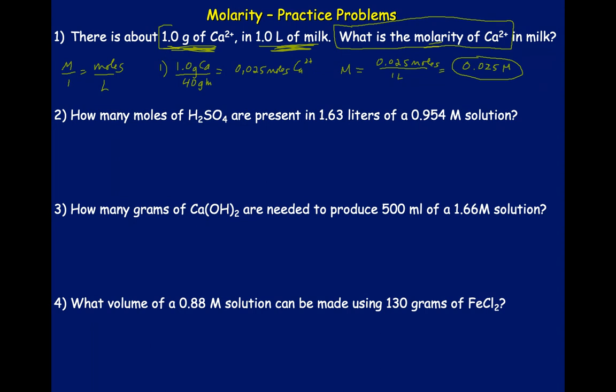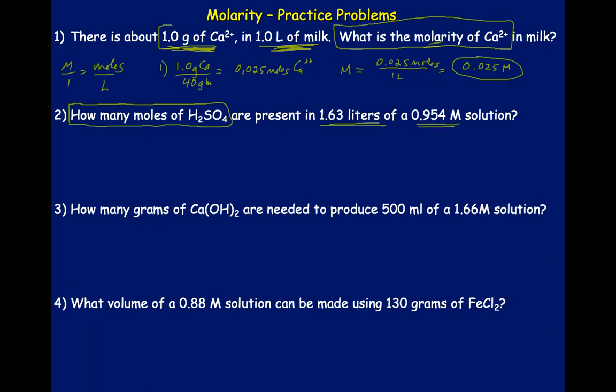All right, so we can work backwards a little bit in number 2, and I'll just show you this, and I'll let you do 3 and 4 on your own. This says now how many moles of this. So we're looking for the moles. What am I given? I'm given liters, and I'm given the molarity.